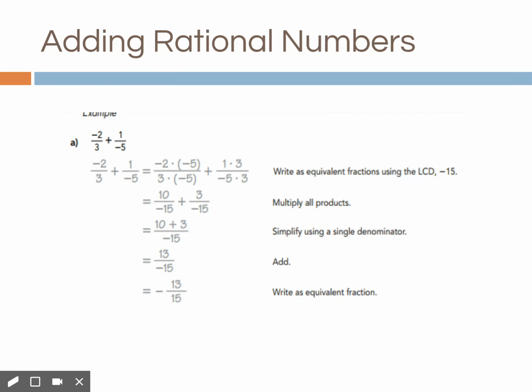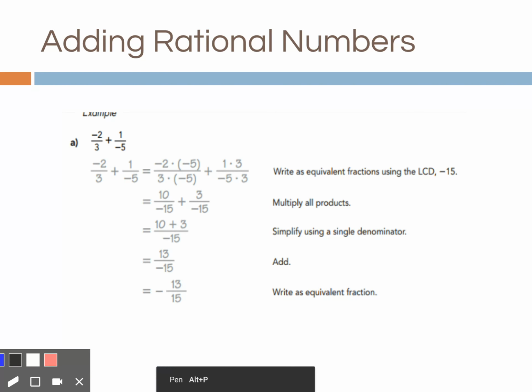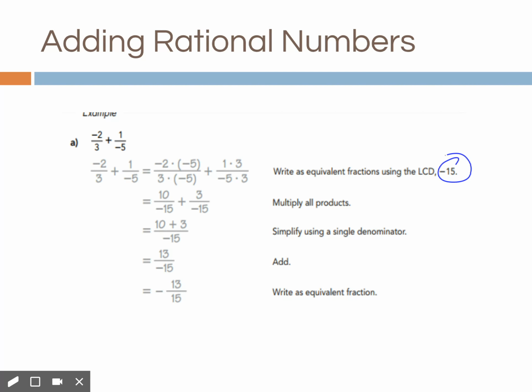So adding rational numbers. We have an example here, negative 2/3 plus a negative 1/5. Before we can do anything, we need to have a common denominator. They already figured out for you that the least common denominator is going to be negative 15.